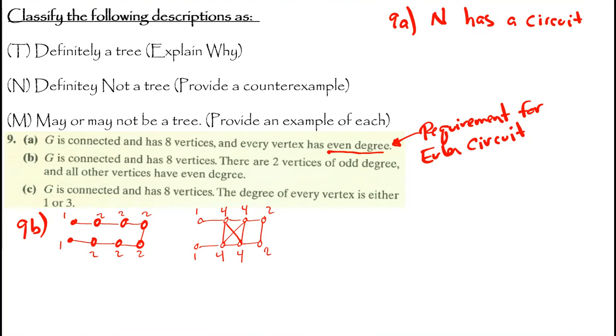And here we see it is not a tree because now we have multiple circuits. So the answer for 9B would be M, and that is that it can be drawn either way. I've provided a drawing of each.